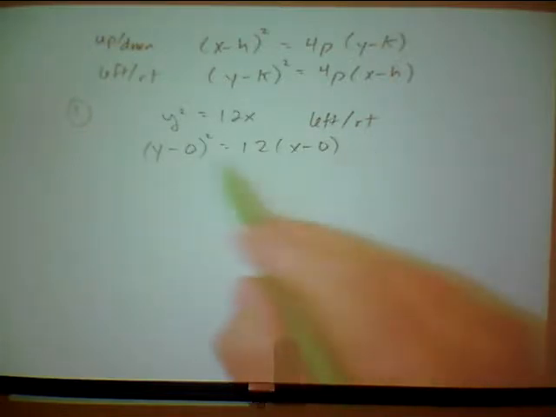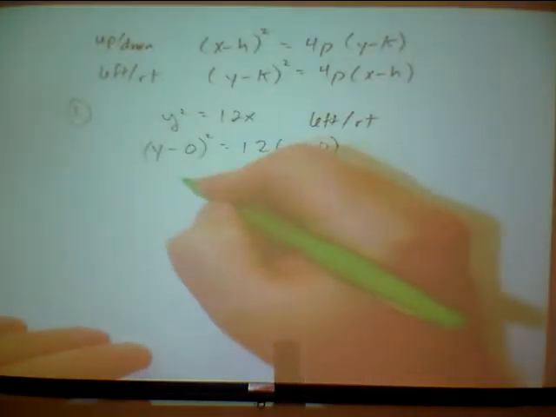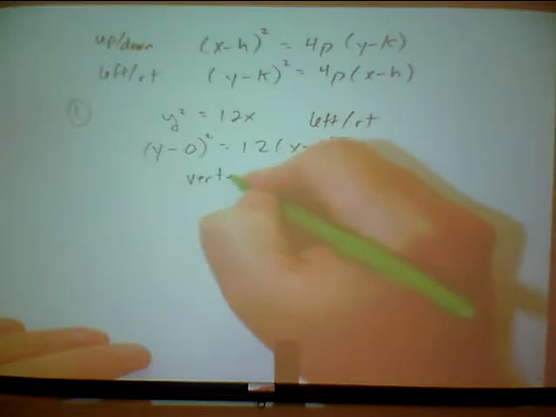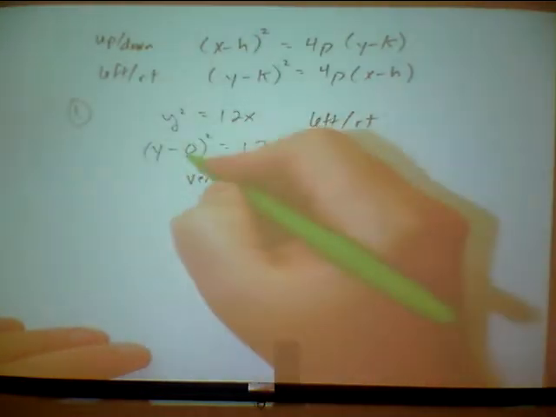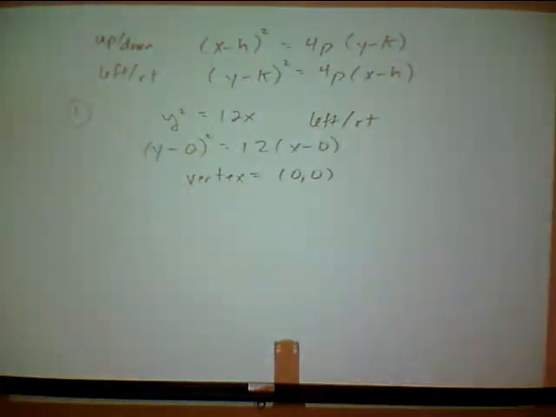In other words, the vertex is at (0, 0), since h is 0 and k is 0. The other very important thing we need to learn from the standard equation is the value of p. Although actually, before we do the value of p, let's talk about this.